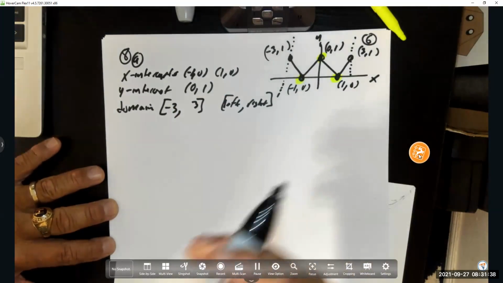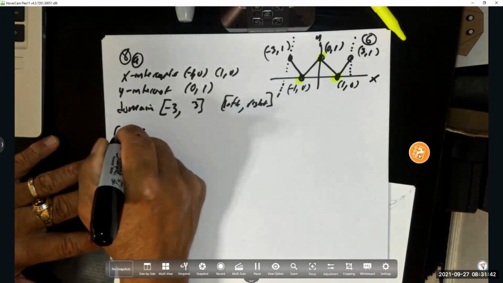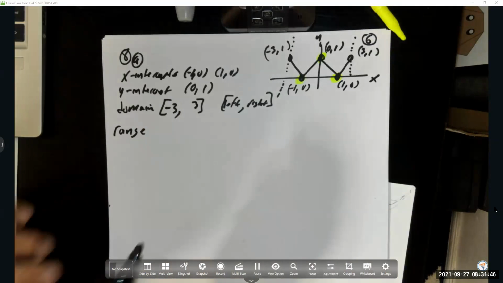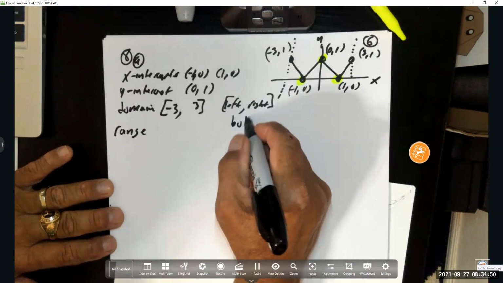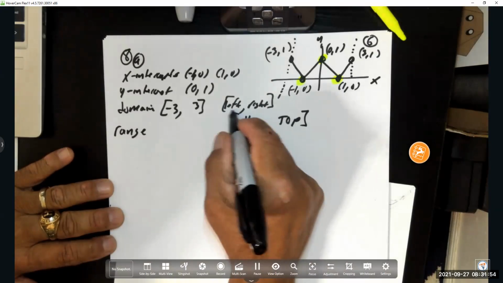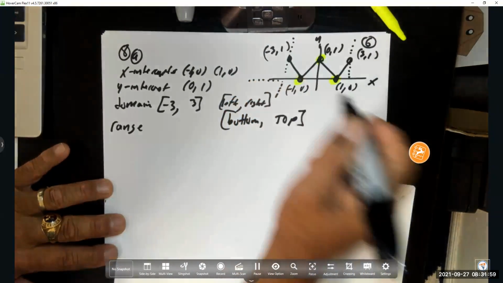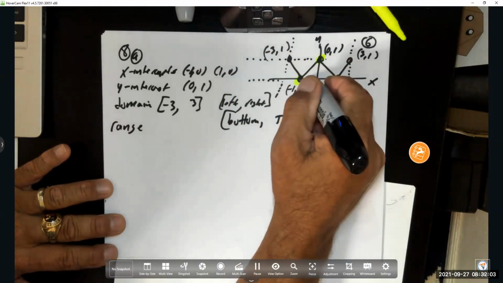Okay. Now, the other word, range, means something different. Let me do that one. Okay, range means this. It means the bottom and the top. The bottom of the graph is right here, and the top of the graph is right here. See where the little dot lines are? All right.